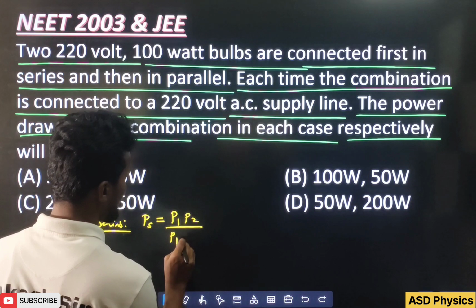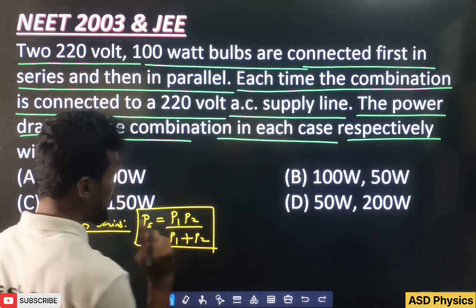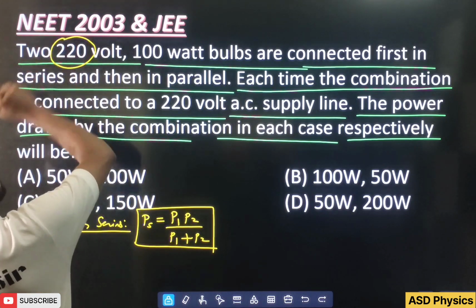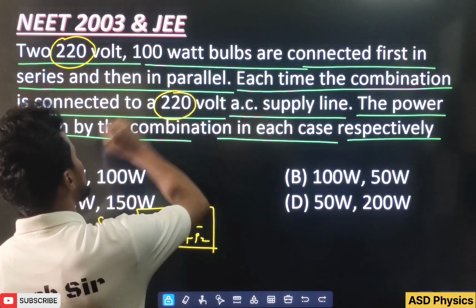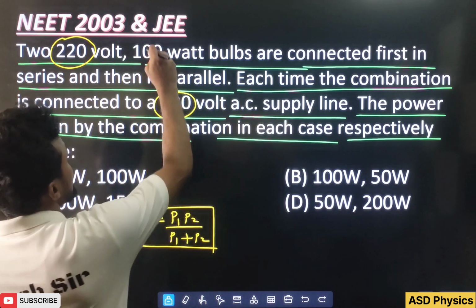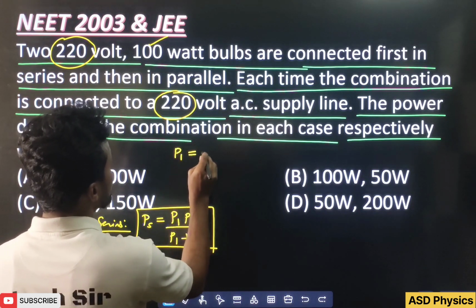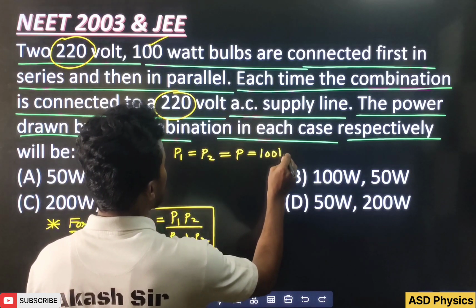When do we use this formula? This formula is valid when the voltage rating of the bulb and the supply voltage are equal. Always remember P1 P2 by P1 plus P2. Both the bulbs here are 100 watts, so I can write P1 equals P2 equals P, which is given as 100 watt.